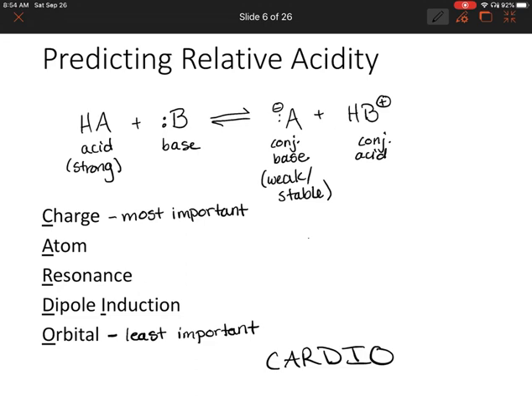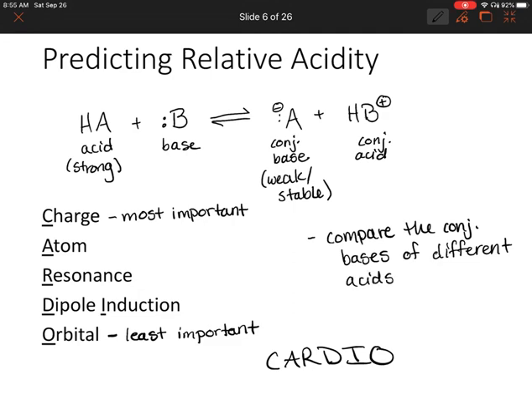So we're going to really compare the conjugate bases of different acids and their relative stabilities. Now, if that doesn't quite make sense yet, don't worry. We're definitely going to go over a lot of different examples. So hopefully that will clear up any confusion.